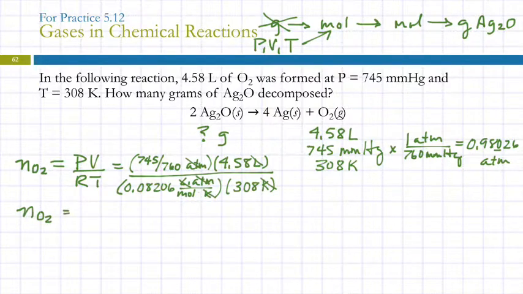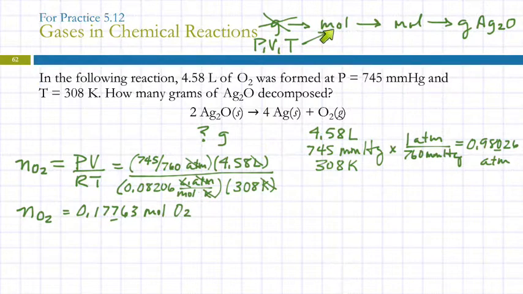So the moles of O2, it's going to be 745 divided by 760 times 4.58 divided by 0.08206 divided by 308 equals 0.17763 moles of oxygen.